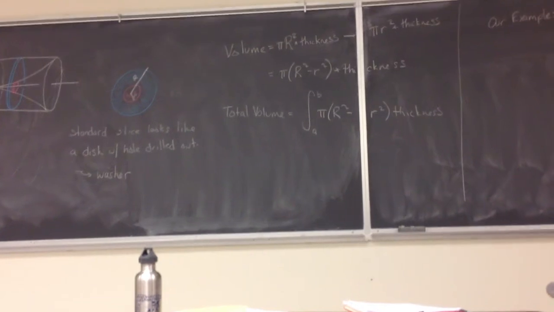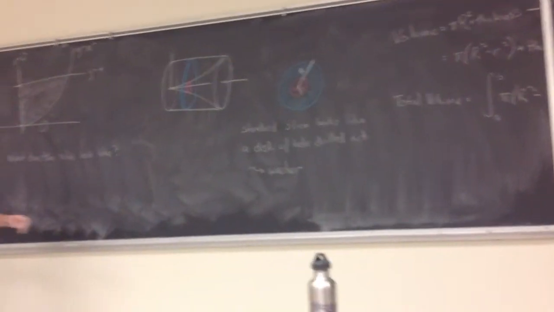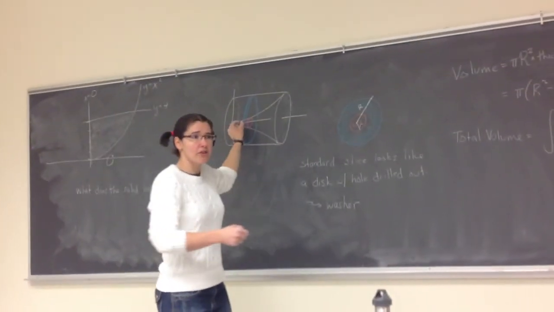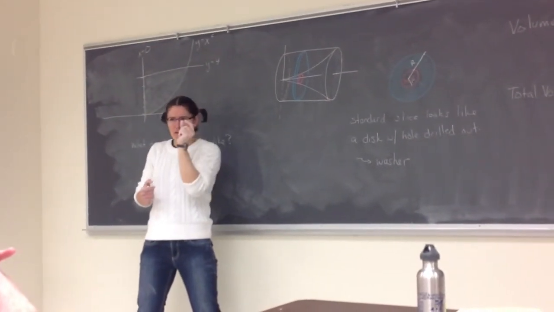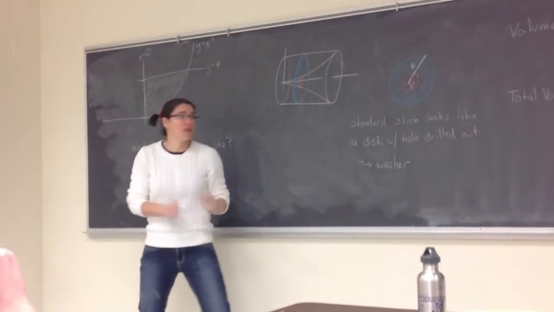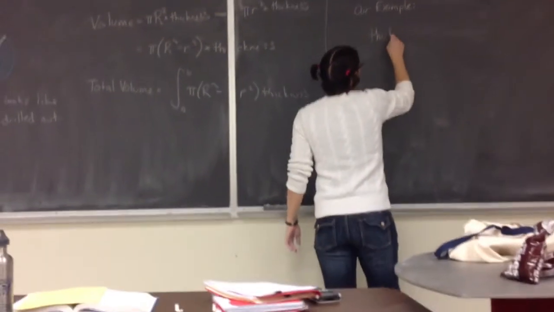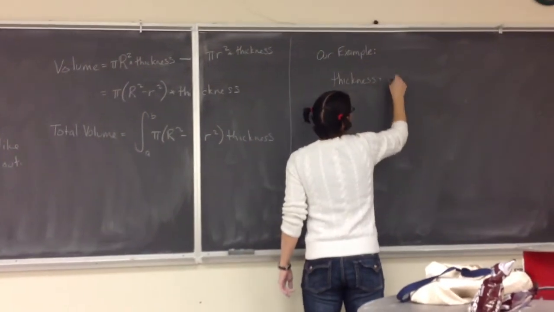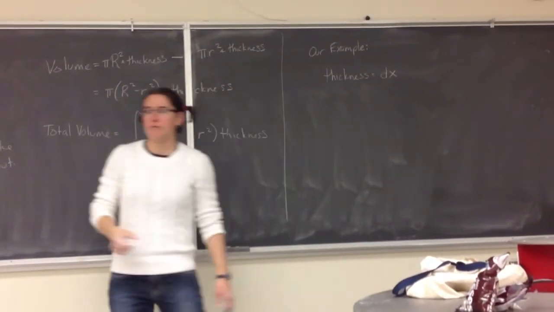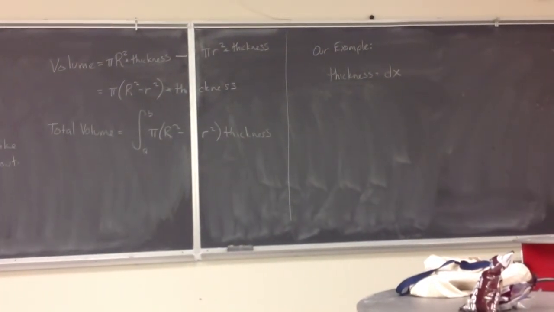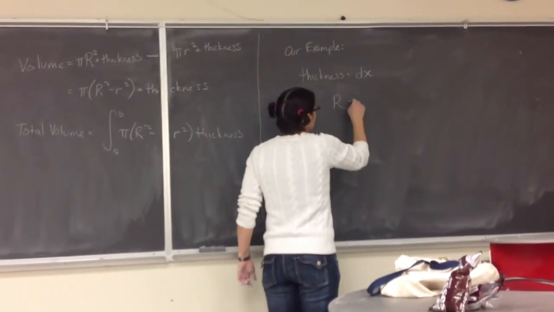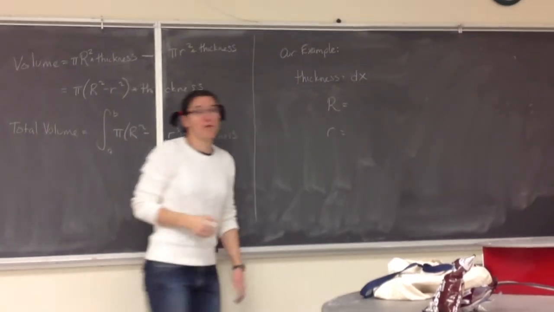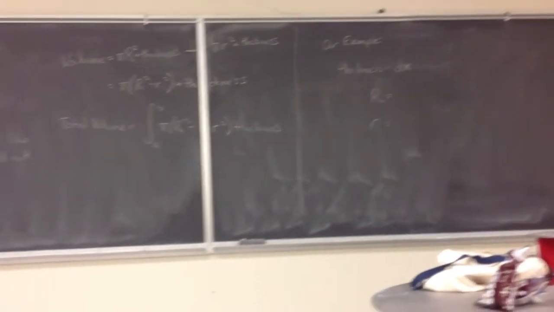Okay, so in our example, things that we need to know: the thickness of our washer. When I look at that, that's a little bit of thickness, and it's in the x direction. And so our thickness is going to be dx. And the other two pieces of information we need to know are the large radius and the small radius.